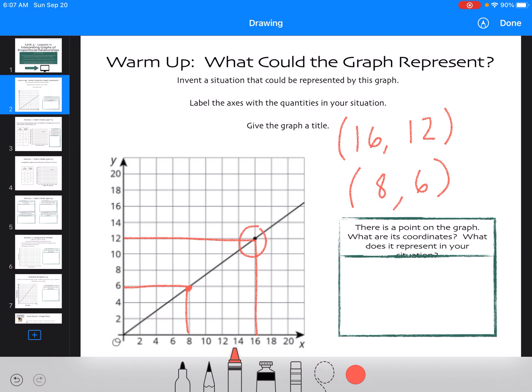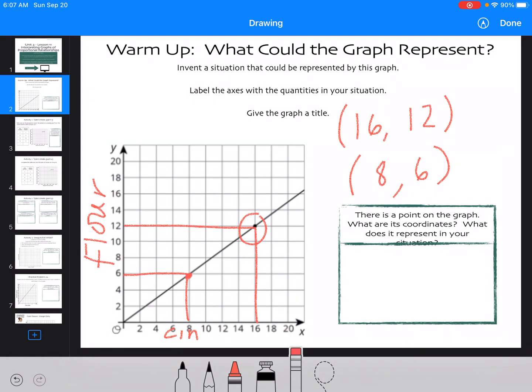So I'm going to go with flour, and let's go with cinnamon, and let's go with cinnamon rolls. So what does the point on the graph represent?